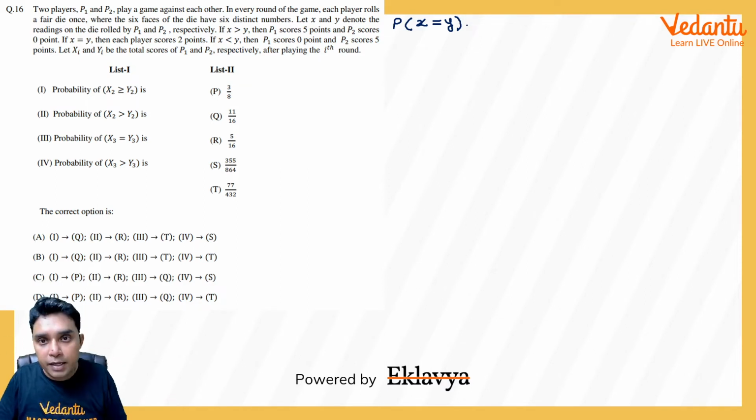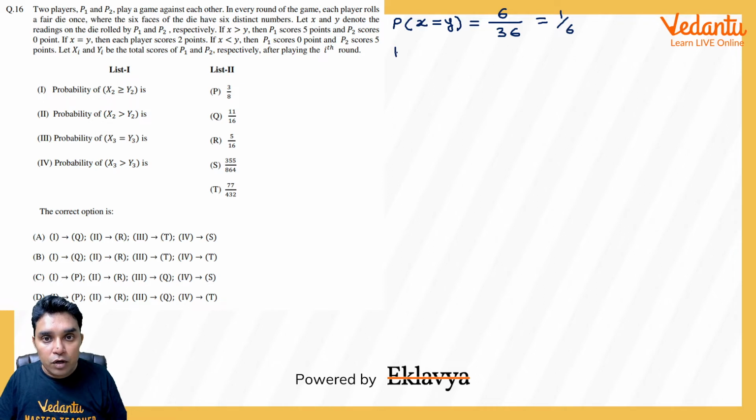What is the probability? There will be 1 1, or 2 2, or 3 3, or 4 4, or 5 5, or 6 6 if it is a normal dice. Though they have not mentioned the numbers, it will be something like that only. As they have said, there are six distinct numbers. So this will be 6 in the numerator, 36 in the denominator. So it will be 1 upon 6.